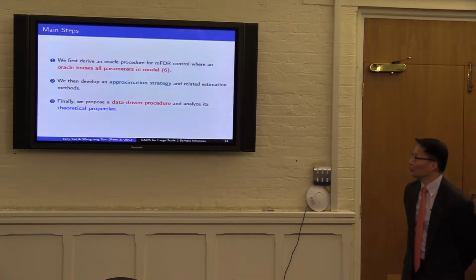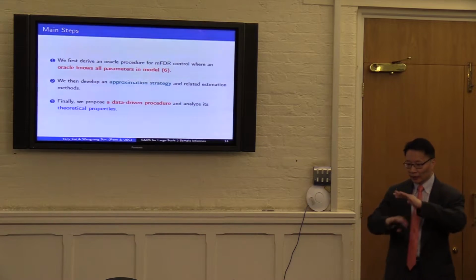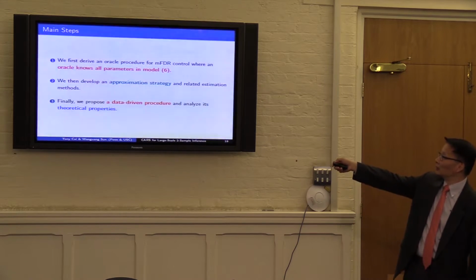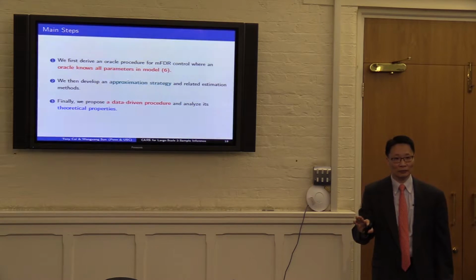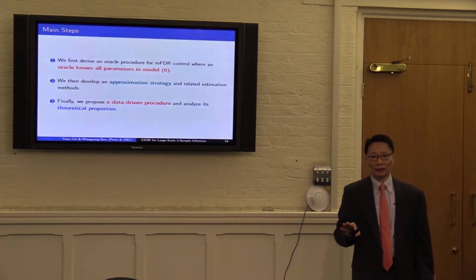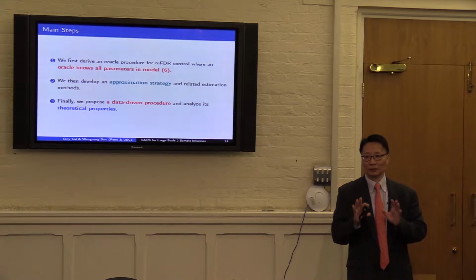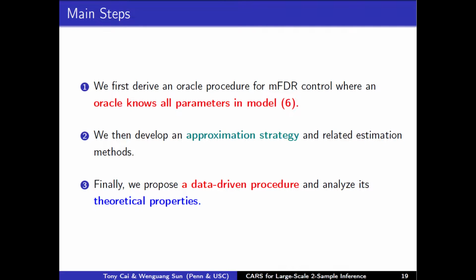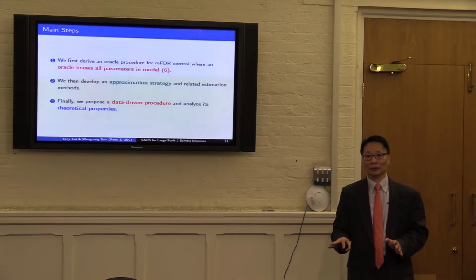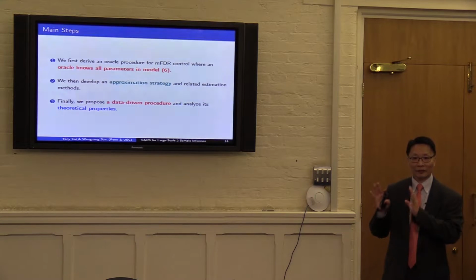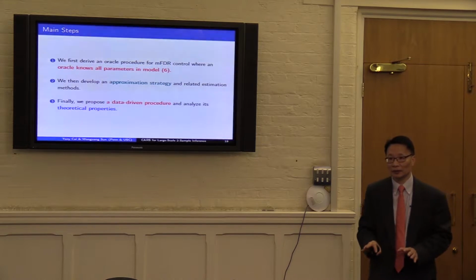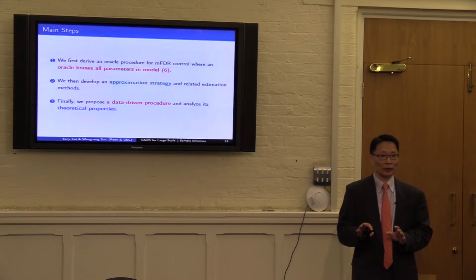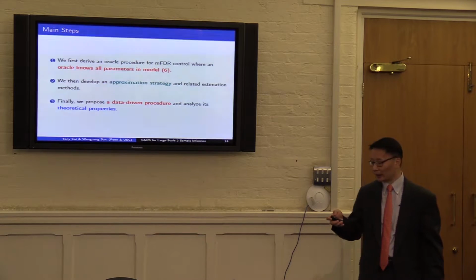And we are going to take two steps. The first step is the so-called oracle procedure. Suppose we know all the parameters in that three-component mixture. If we know all the parameters, what can we do? And then, after we understand the oracle procedure, we want to know what kind of quantity we need to estimate in order to make this procedure a data-driven procedure.